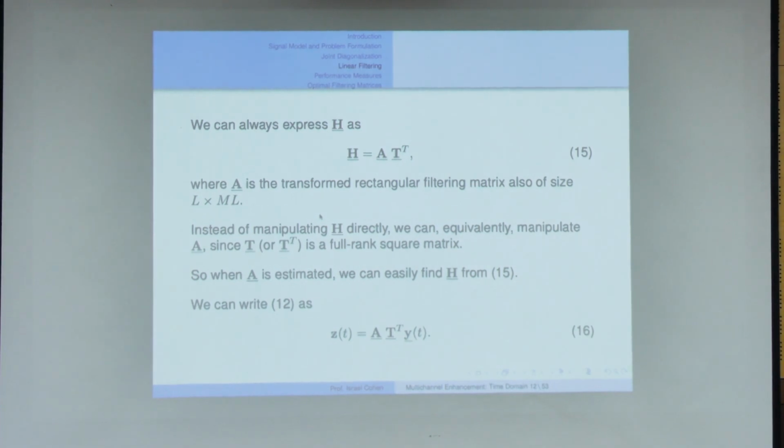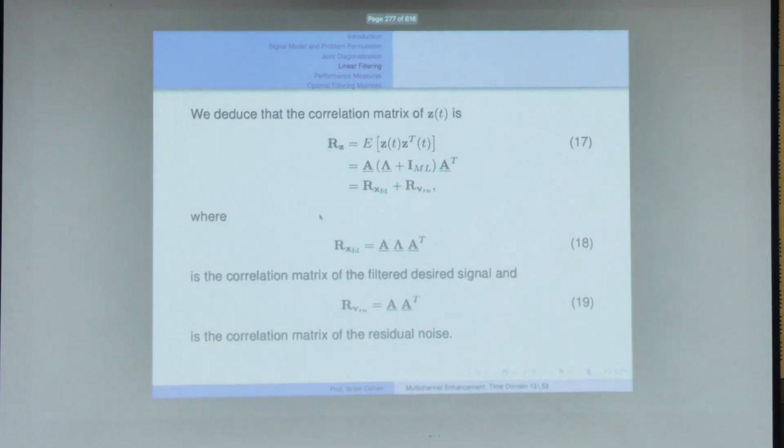So maybe the mathematics is a little bit more complicated. That's why it's important to understand the simple things first. But the reasoning and understanding is the same, okay? Let's continue. So I remind you, we need to find performance measures as a function of the filtering matrix A.